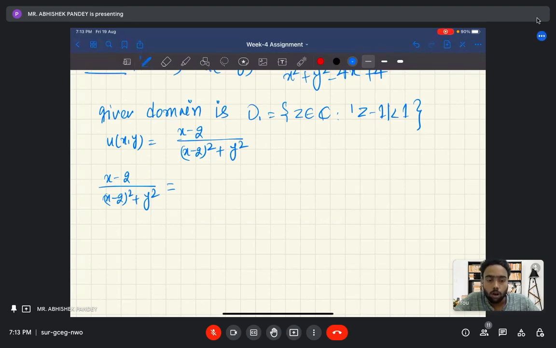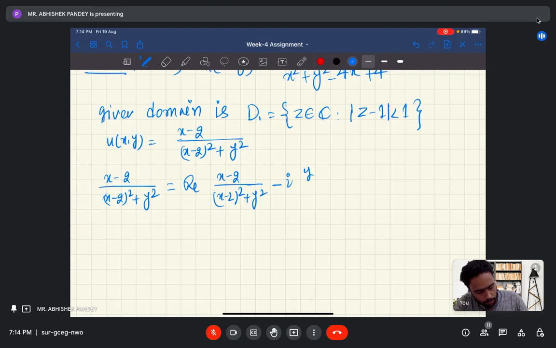Or we can check whether this u(x,y) is the real part of some holomorphic function. If it is, then it is harmonic. I will use the third tool, to show that it is the real part of some analytic function. So this is nothing but the real part of (x minus 2) upon (x minus 2) whole square plus y square, minus i times y upon (x minus 2) whole square plus y square.